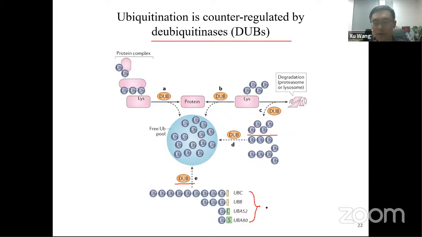Ubiquitins are generated as precursor proteins, in which the ubiquitins are attached to other proteins or other parts. So DUBs can cleave the chain to release monomeric ubiquitin molecules. This forms the free ubiquitin pool, and the free ubiquitins can be used as raw material for ubiquitination.